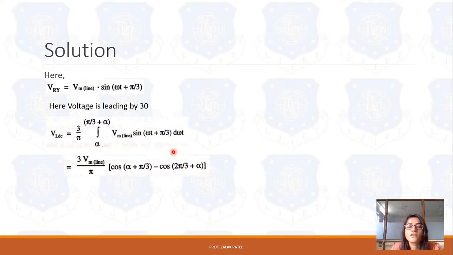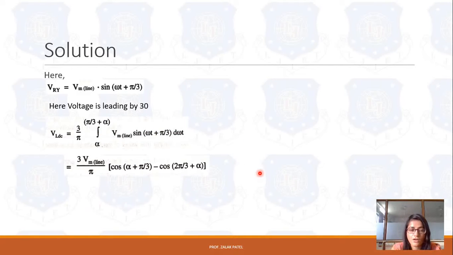The integration of sin is minus cos, and then we put the limits over here. So it is like minus cos of pi by 3 plus alpha plus pi by 3, so it becomes cos 2 pi by 3 plus alpha, and minus cos alpha plus pi by 3.